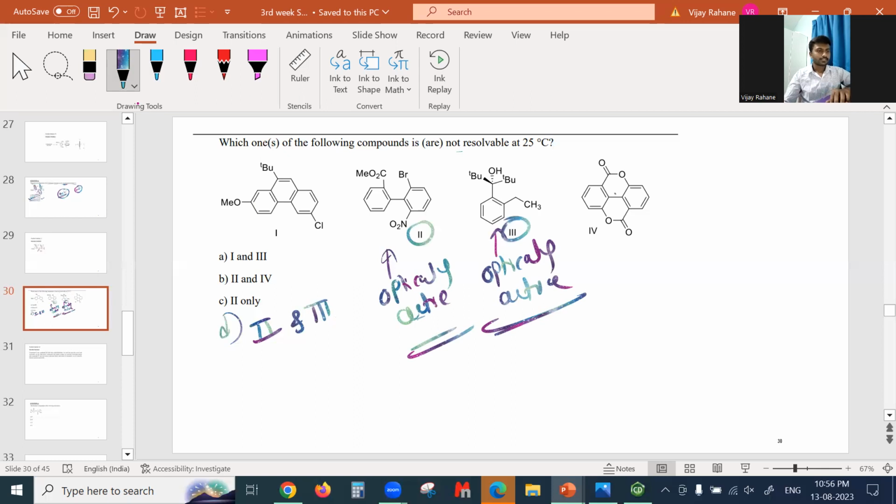This molecule has a center of symmetry, so it is optically inactive, and this is also. So options 2 and 3 are the only ones. There is no other option, so the D option will be 2 and 3, which is the correct option here, since there is no other correct combination given.